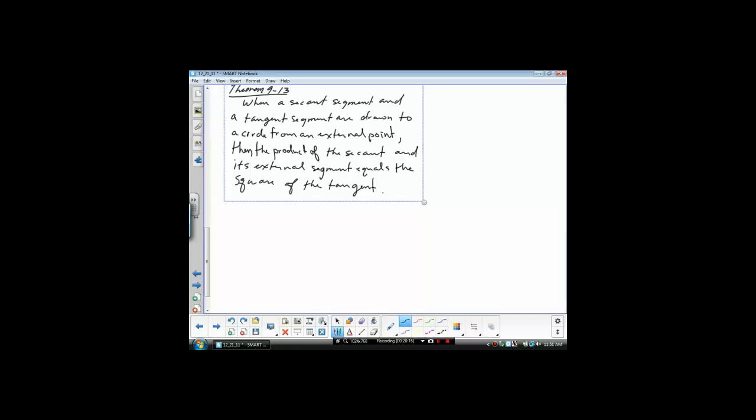Okay. Now, the diagram. We have a secant and a tangent. The secant is referring to the distance between those 2 points. So if we call this length W, and this length U, the length U comes from this point to that point.